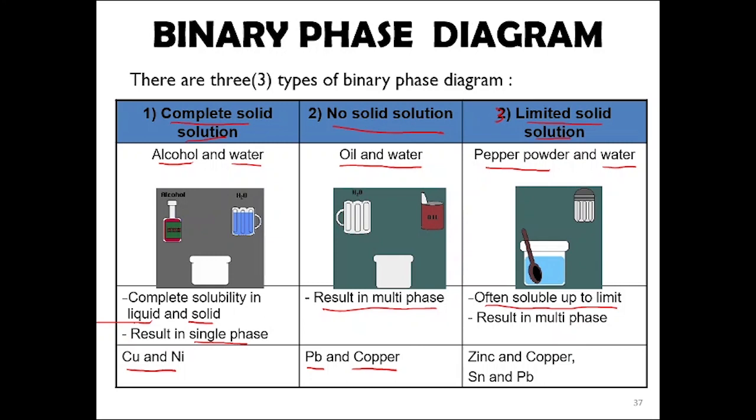After a certain percentage of pepper powder is added, it will not dissolve in the water anymore because the percentage of water is reduced with the increase of pepper powder content. It will result in multi-phase. The example given here is zinc and copper, Sn and Pb.